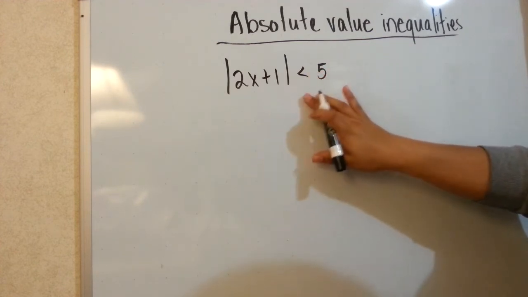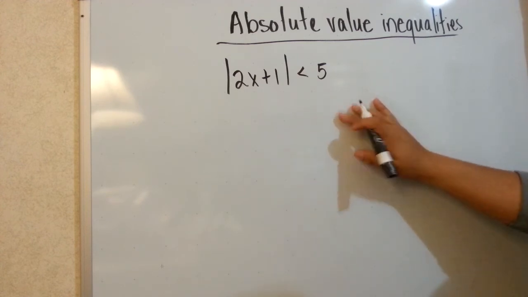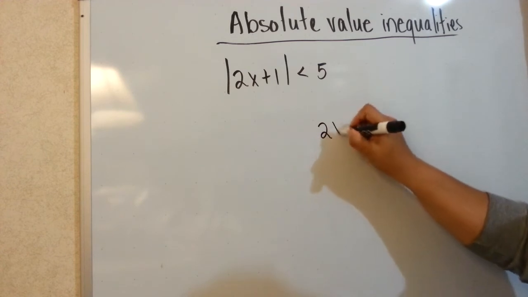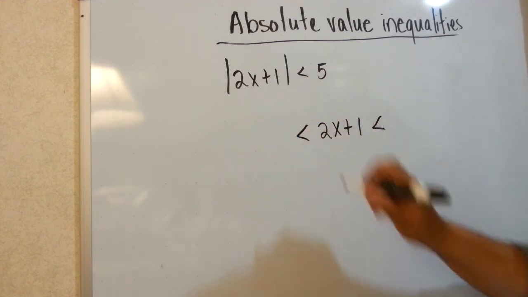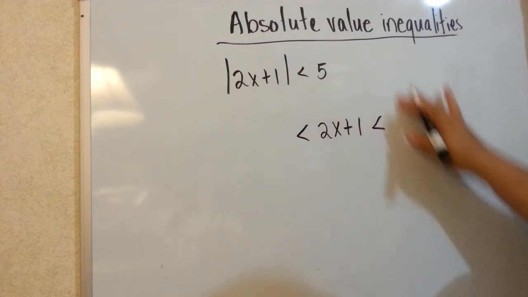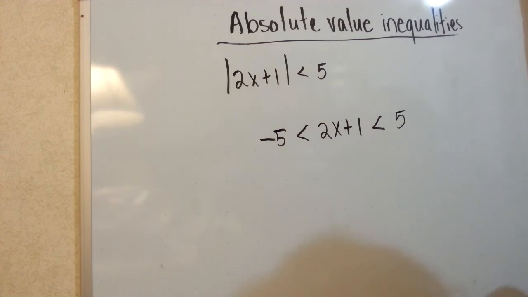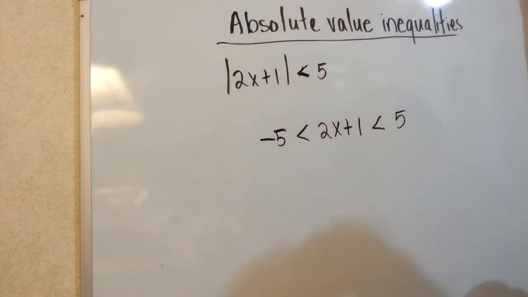And when you have a less than inequality, you have to change this into an "and". That means you take what's inside the absolute value, you take that sign and you put it on both sides. On the right side, you take the 5. On the other side, you put the negative 5. See? Because it was a less than absolute value inequality.